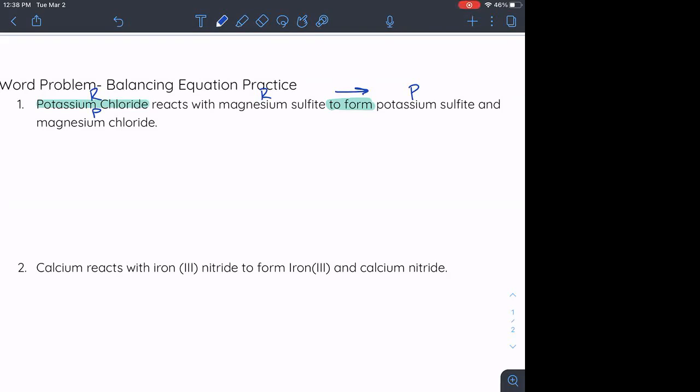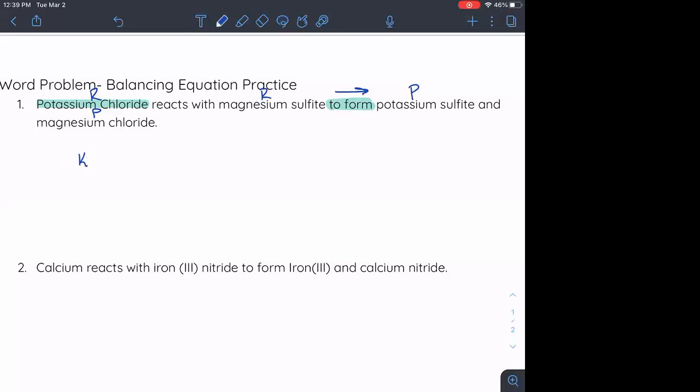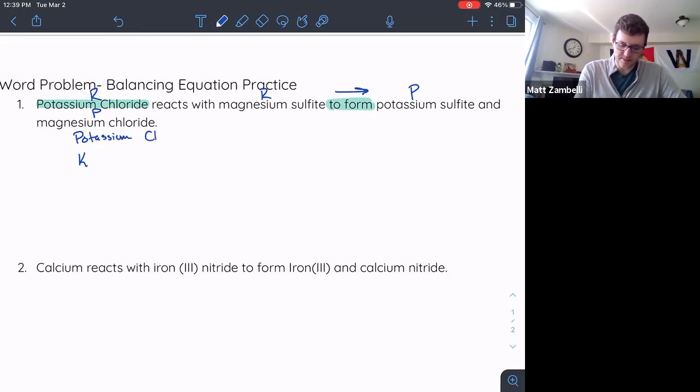Okay. And what would the charge be when it became an ion? K plus 1, perfect.